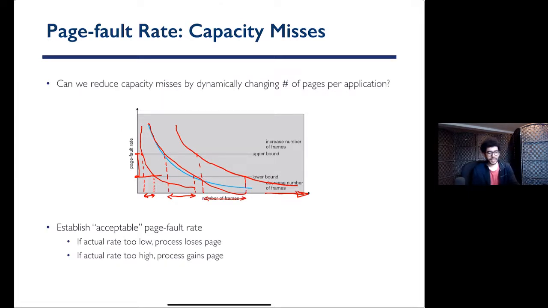So this means that, let's say this is for process 1, this is for process 2, and this is for process 3. This means that I need to allocate something between this and this for process 1. I need to allocate this much memory. So don't forget, this is number of pages.